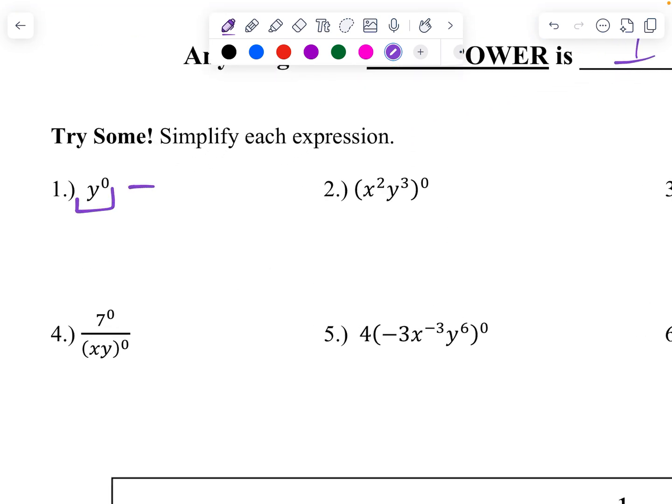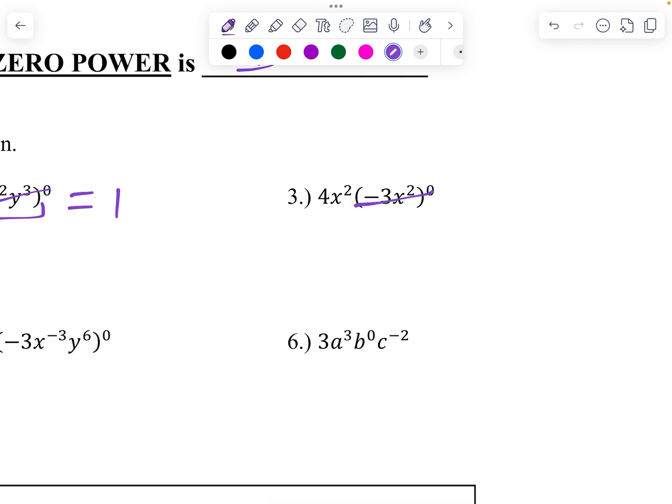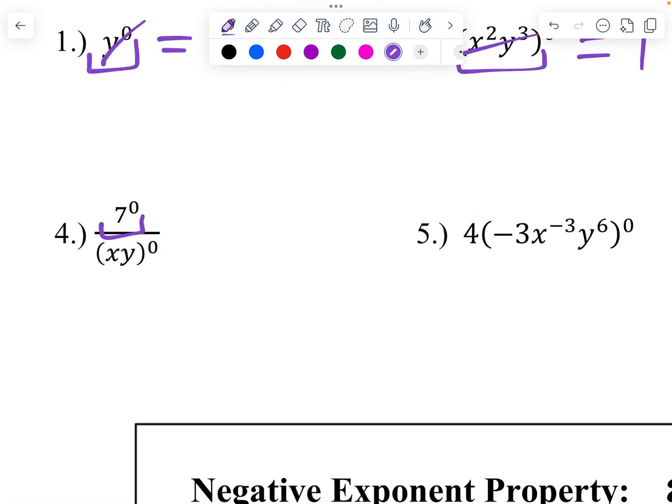So number 1 should be 1. Number 2 is going to be 1. Number 3, this piece will become a 1, but you still have your 4x squared. Number 4, the numerator becomes 1, the denominator becomes 1, 1 over 1 is 1.